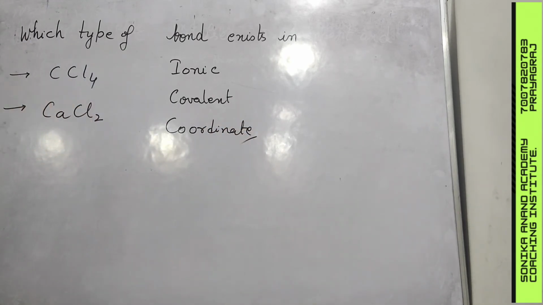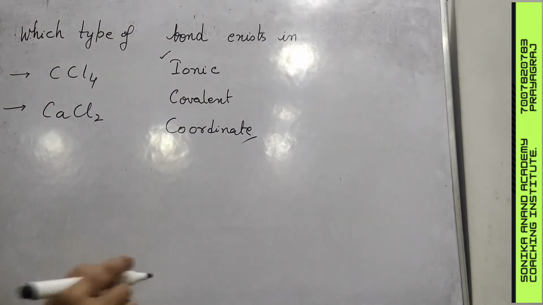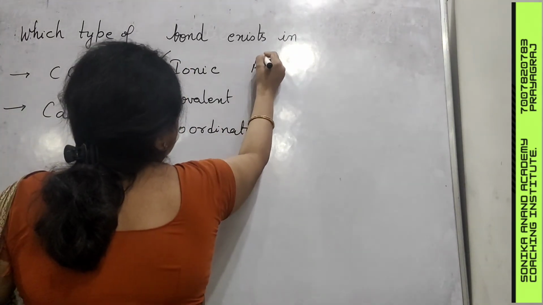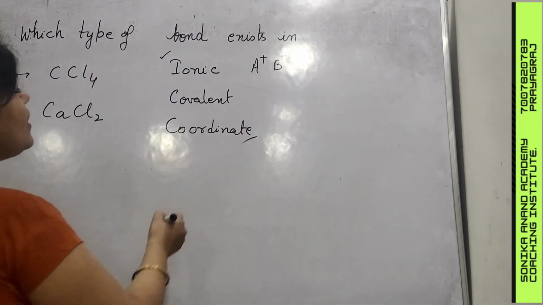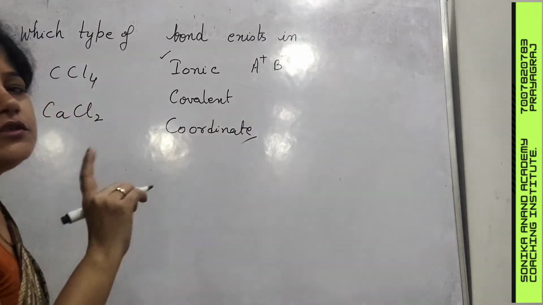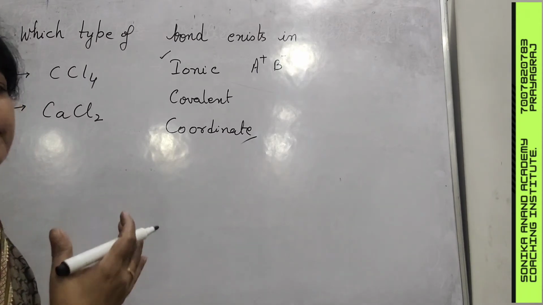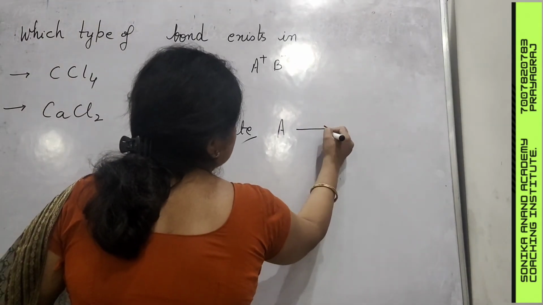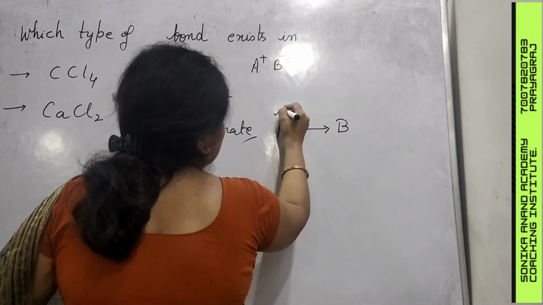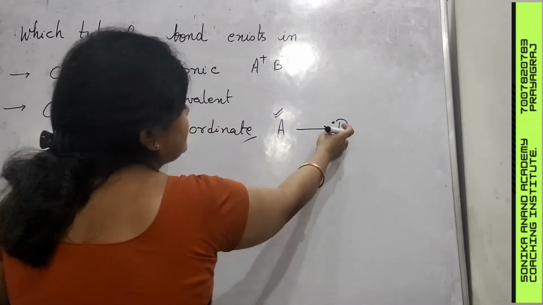Okay. Now in ionic bonding, electrons are transferred from one element to another. In covalent bonding, there is a sharing of electrons. There is no transference of electrons from one element to another. And in coordinate bonding, electrons are shared but donated by only one of the atoms. Here atom A donates both of the pairs to B, so this is the donor and this is the acceptor.